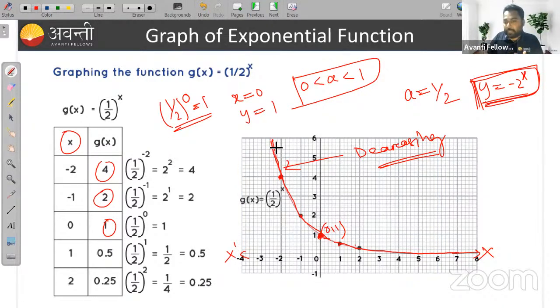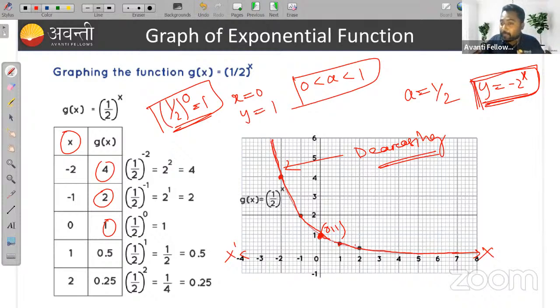See, when a is greater than 1, it follows a certain pattern. It is intersecting the y-axis at the point (0, 1), and it is also an increasing function. When the value of a is between 0 and 1, the graph is decreasing and it also intersects the y-axis at (0, 1).